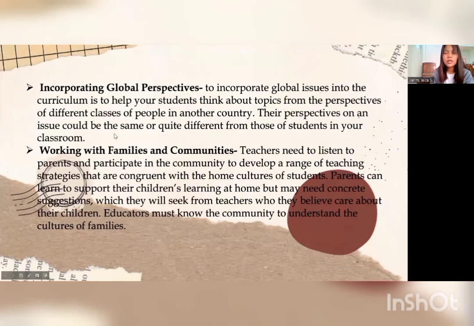Next is incorporating global perspective. Because our world has become so interdependent and will become even more so in the future, it is important that students have an understanding of global connections and how they impact their lives. As you plan lessons, think about how you can integrate worldwide events and actions.